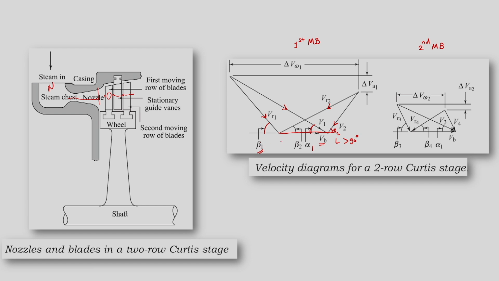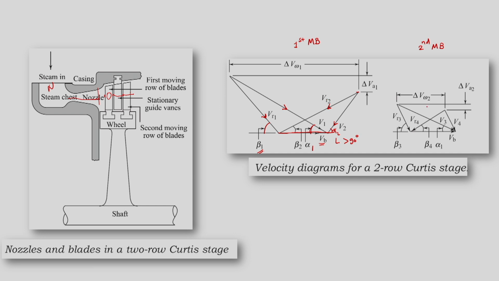Blades may be symmetric, where beta 1 and beta 2 can be adjusted accordingly, but at this stage we are saying that Vr1 is not equal to Vr2, so there is a mismatch in magnitude due to the friction factor.